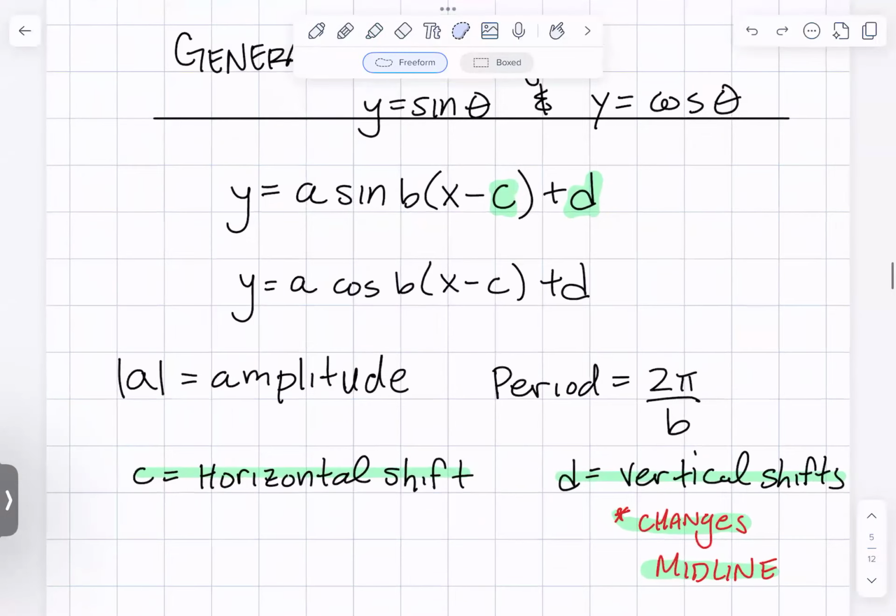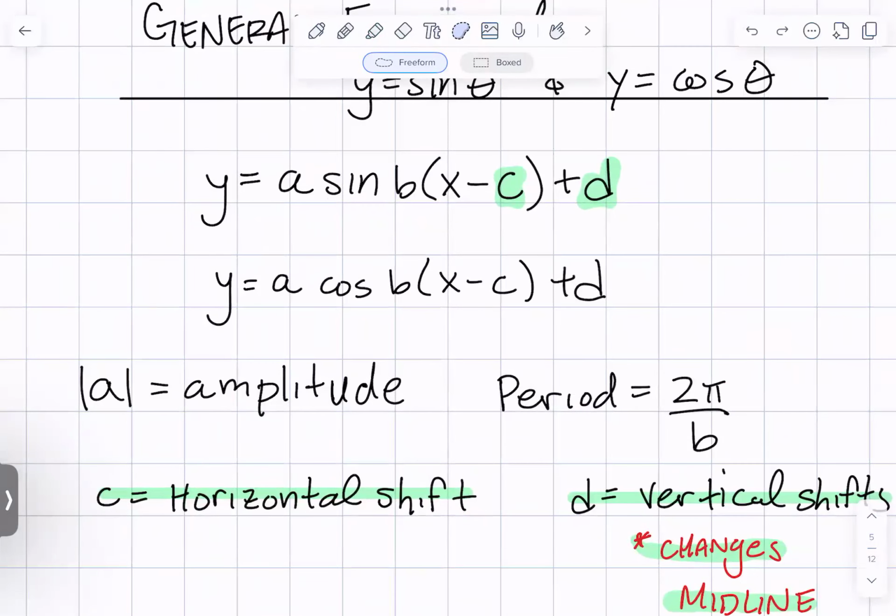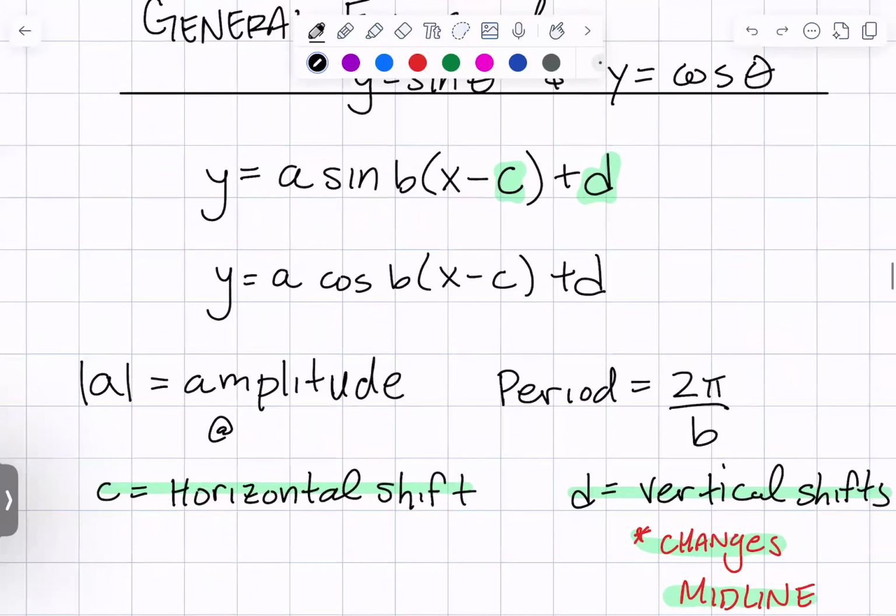My amplitude is the height of the graph. Remember, at sea level, it has to be at the midline or at sea level. How tall is my graph? Okay. So that's how you would remember the amplitude.